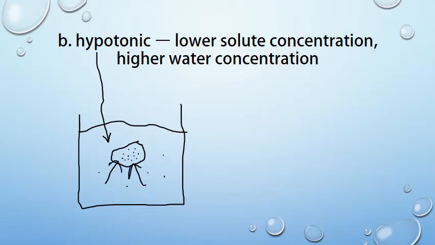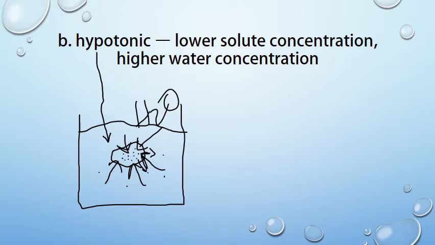So I'm going to draw a bunch of arrows of water moving in, and I'm going to write H2O is moving in. Now I could also have some very small arrows going out, but the overall flow is the net movement of water going in is greater than the net movement of water going out. And if this is an animal cell, there's a good chance it's going to swell and possibly even burst.